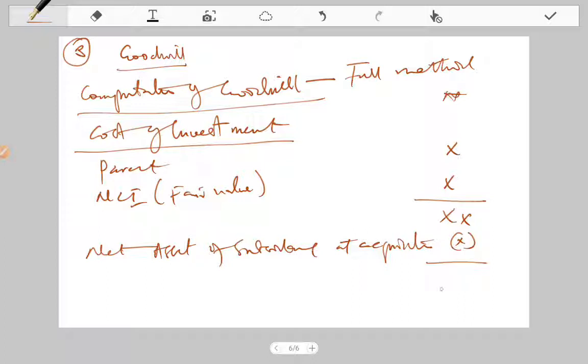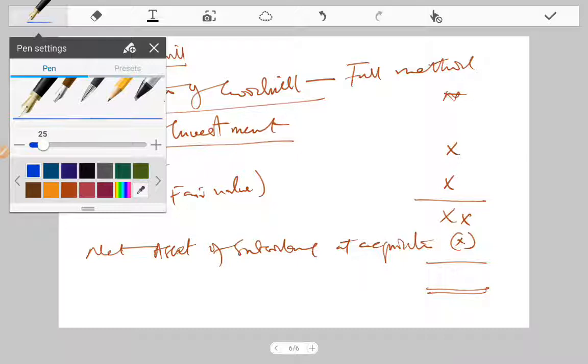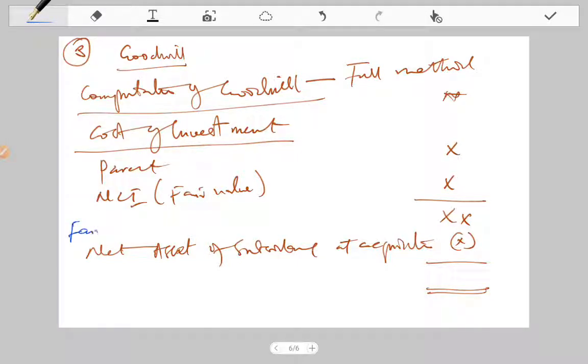I'd like at this point to quickly point your attention to something. A lot of you will just write net asset. What the standard actually underlines is the words fair value: the fair value of net assets of the subsidiary. So what we're going to have at the end of the day is referred to as our goodwill.